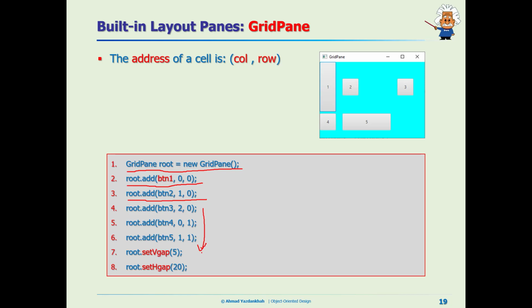You can go over this, and also we use the setVgap and setHgap like this. So these are some examples very similar to the previous thing that we learned. The only difference here is that when you want to add a node, you need to use matrix-wise addressing. All right.